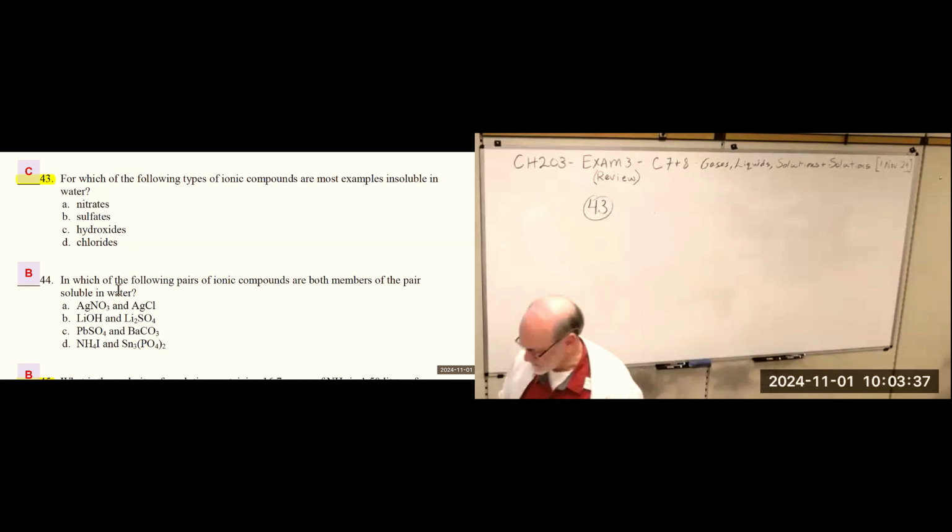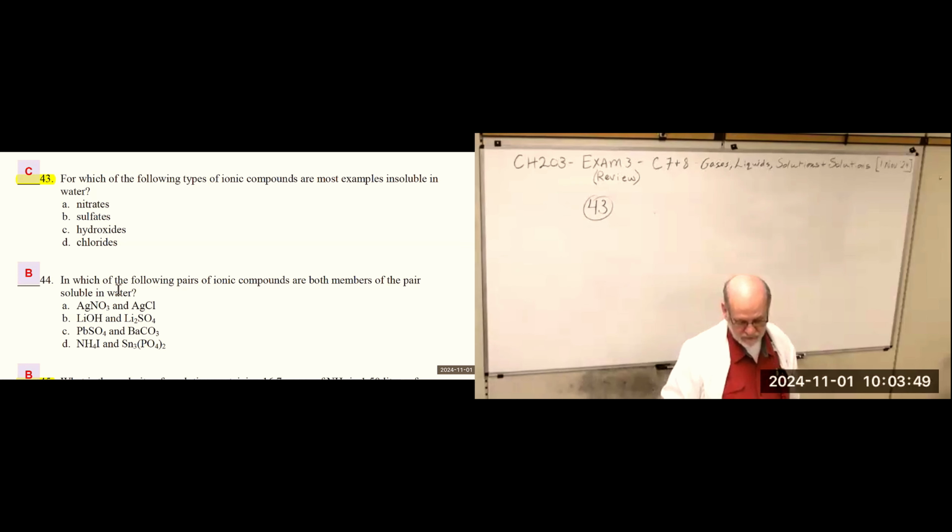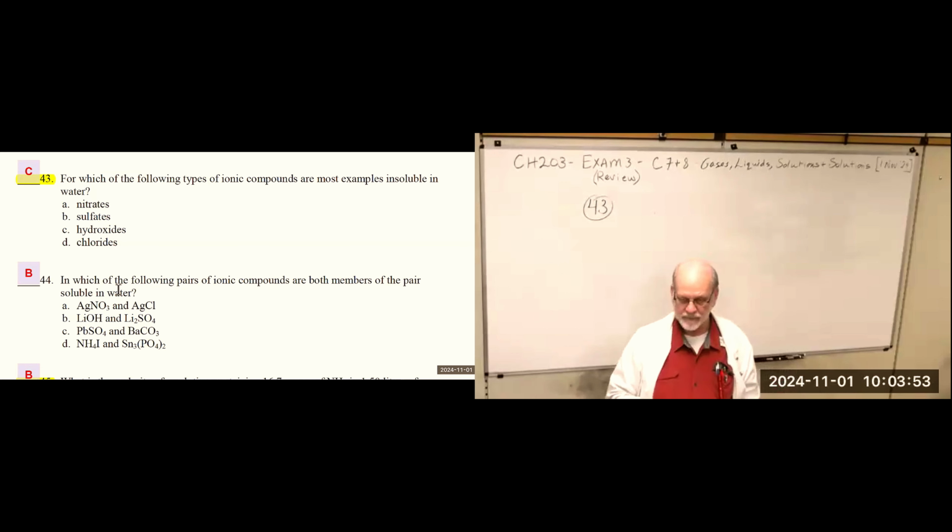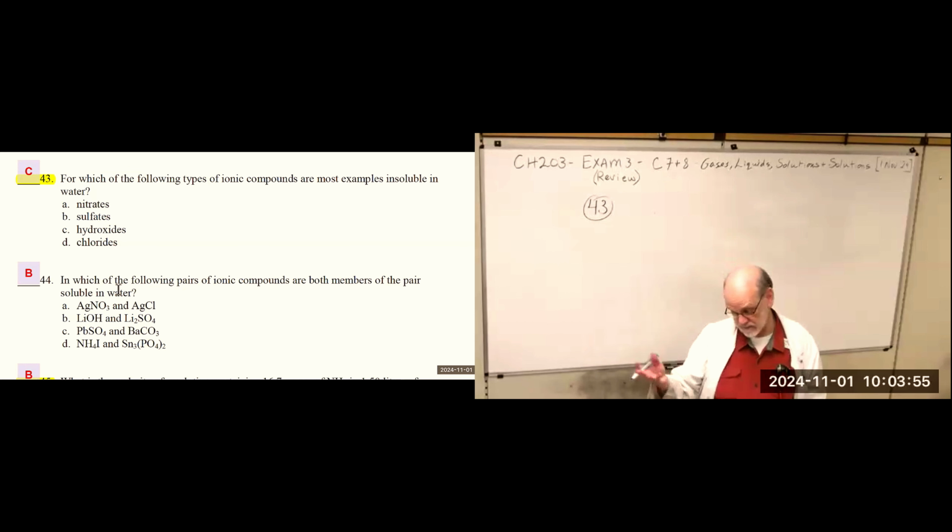Sulfates. How about sulfates? Go down to sulfates. SO4, 2 minus. Some of them are soluble, some of them are insoluble. There's about an even number according to that chart. How about hydroxides?